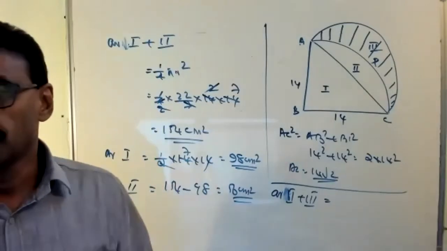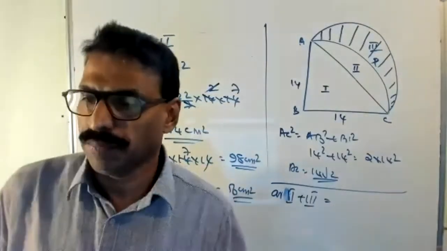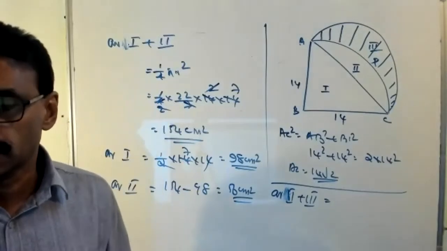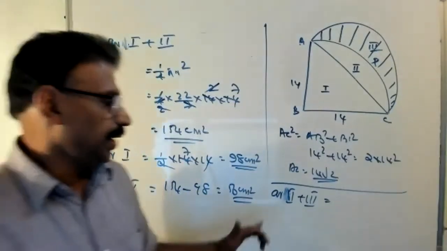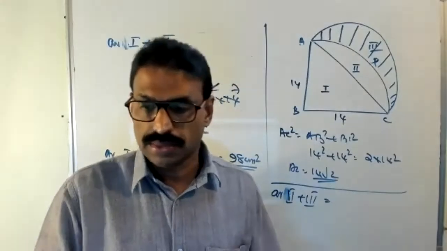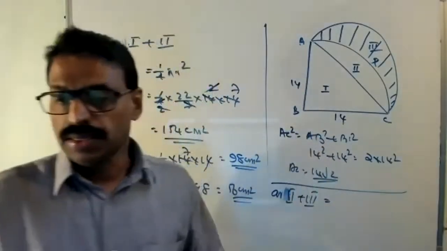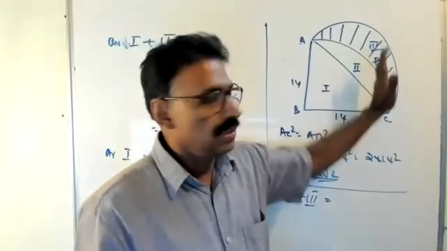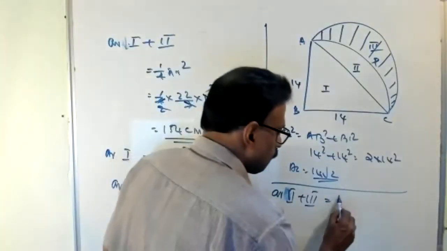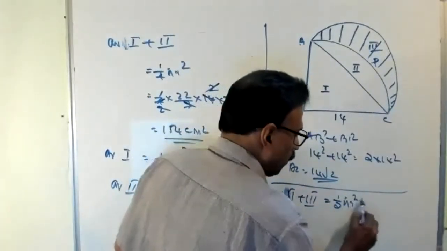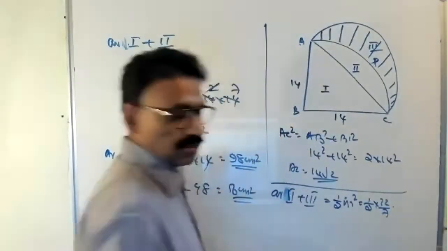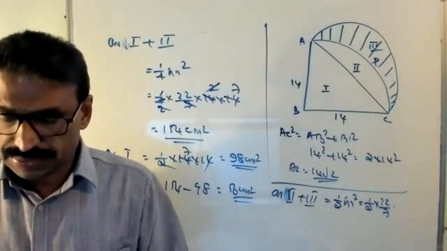Part 2 and 3 is a semicircle. Correct or no? It's a semicircle. So half pi r square. Half into 22 by 7 into what is the radius?